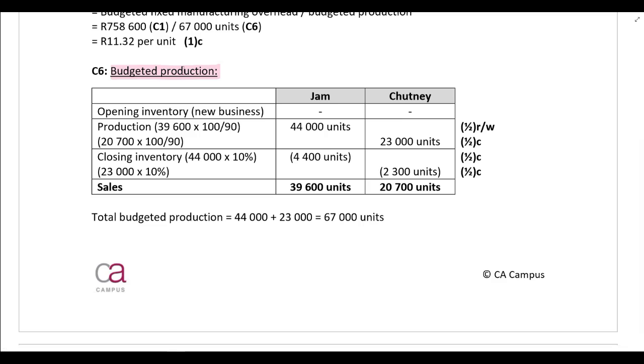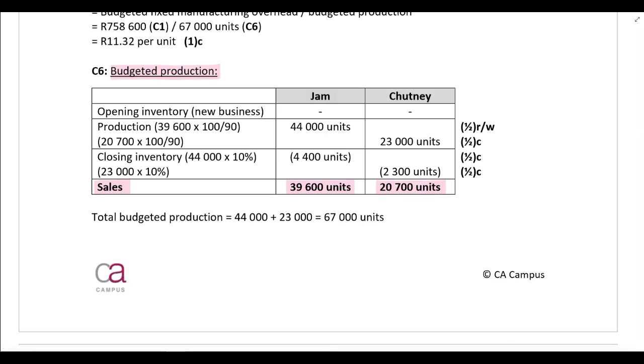All right, so based on the information provided in the scenario, we know that they budget to sell 39,600 units of jam, and by multiplying out all of the probabilities, we calculated that the expected sales for chutney is 20,700 units. So that comes from our previous calculation.